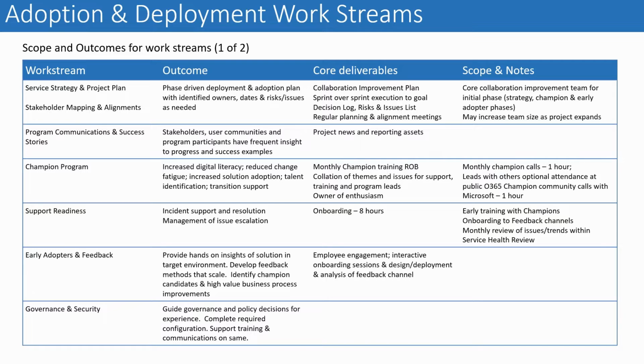This may be the core PM you have for the project overall that includes accountability for both technical readiness and user adoption. Or it may be you who's working directly with IT and also filling that project management role. The collaboration improvement plan, your sprint over sprint execution goals, decision logs, risks, and issues.